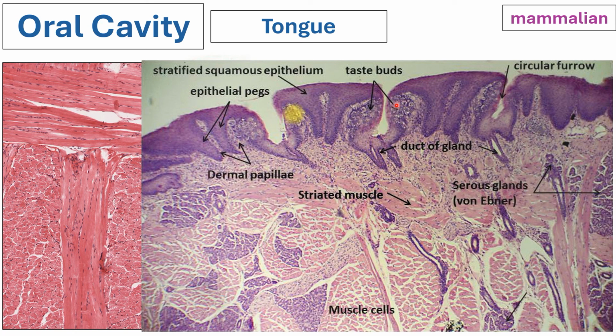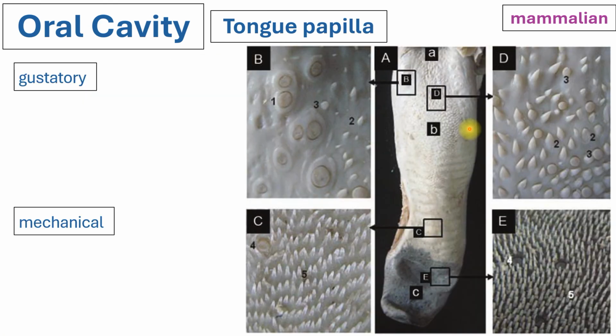And in the surface area, you would see that there are again the protrusions that we have been talking about earlier, or the papillas. Again, these papillas are subdivided into two. We have our gustatory, taste bud containing papillas, and the mechanical papillas, which mainly function for the grasping of food particles or plant material.